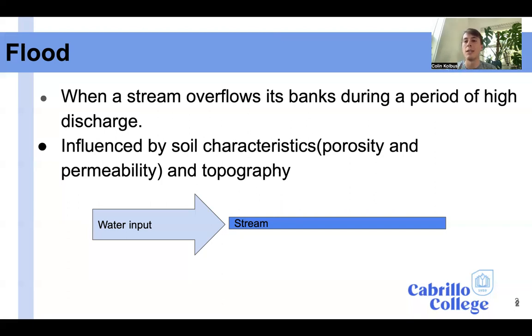One that's going to cause more flooding is a low porosity soil because it just can't accept a large amount of water. And so it's going to cause all that water that is applied to the soil to just rush right off. The permeability gets into the chemical ability of soil to take on water.